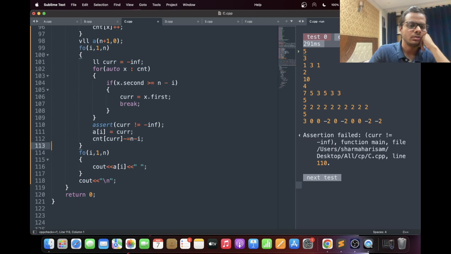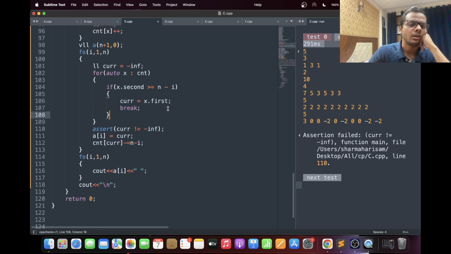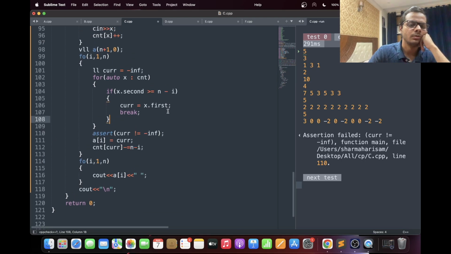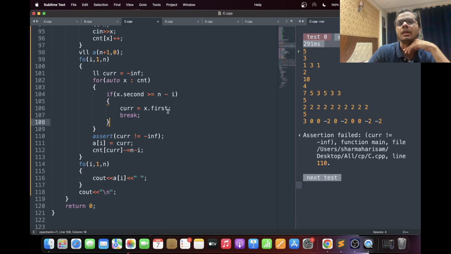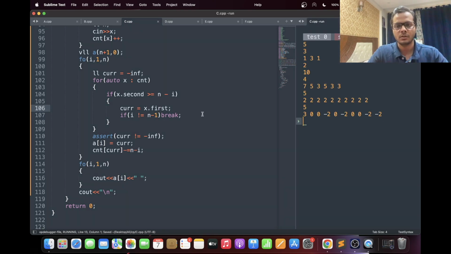So there is also this one case where count is becoming equal to 0. We need to somehow handle that. So what we'll do is, if i is not equal to n minus 1, then we'll break, but if i is equal to n minus 1, then we'll not break.